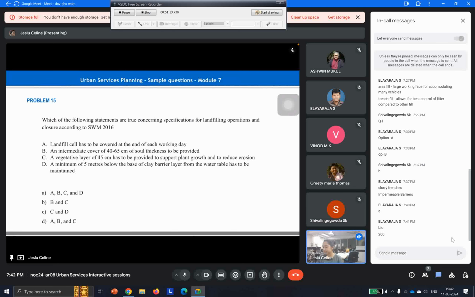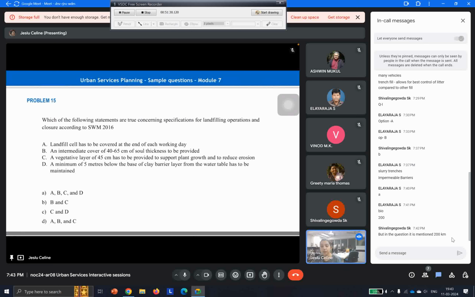Which of the following statements are true concerning specifications for landfill operation and closure according to Solid Waste Management Rules 2016? We have discussed some of the rules. Now they're asking which statements are true. A, landfill cell has to be covered at the end of each working day. B, an intermediate cover of 40 to 65 centimeter of soil thickness to be provided.